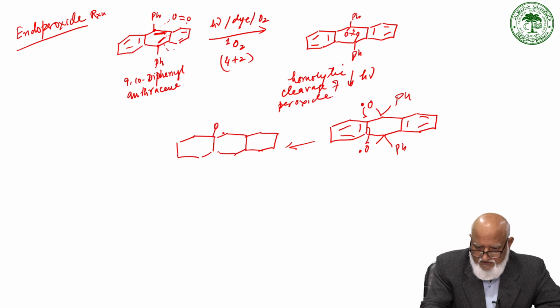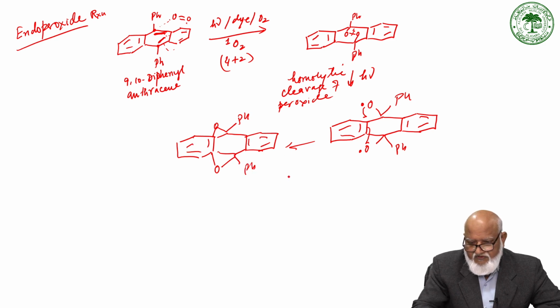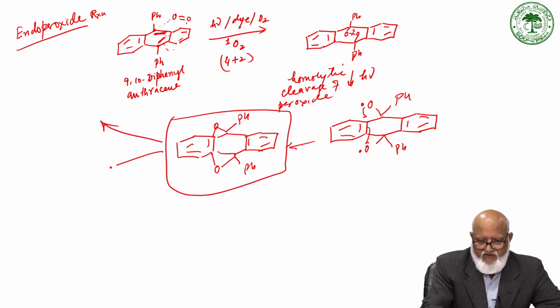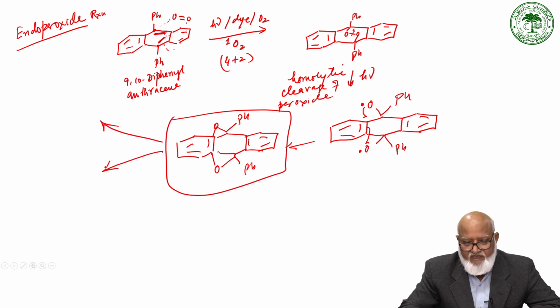So we have Ph, we have Ph. And this undergoes further reaction to give different products, ring expansion product, and so on and so forth. So it's a very interesting reaction of 9,10-anthracene derivatives. At the 9,10 positions, the oxygen adds in a 4 plus 2 manner to give rise to endoperoxide.